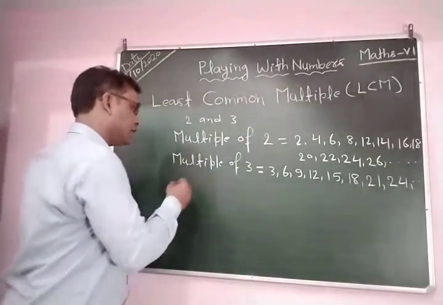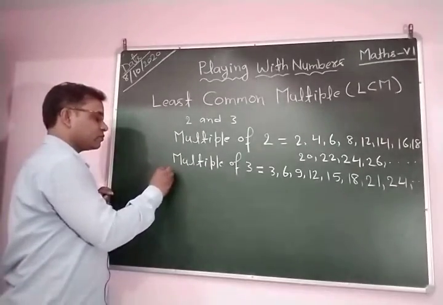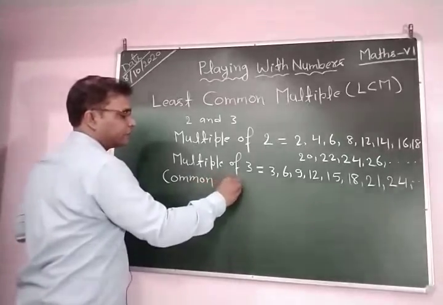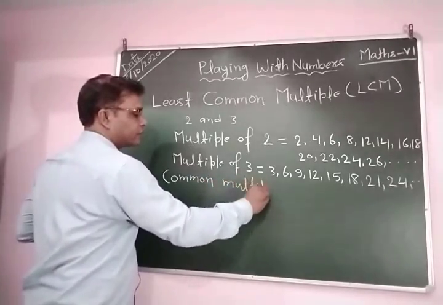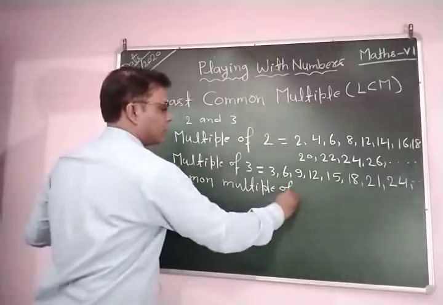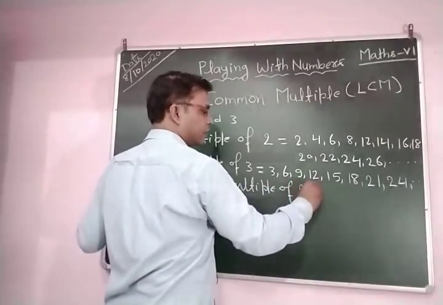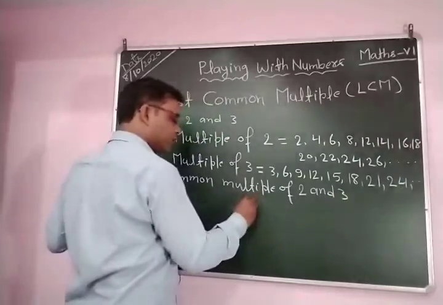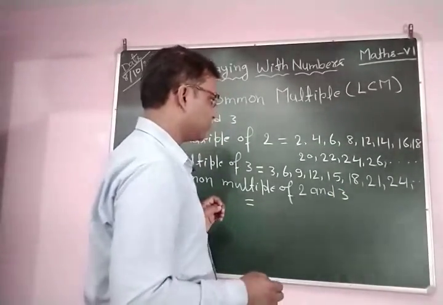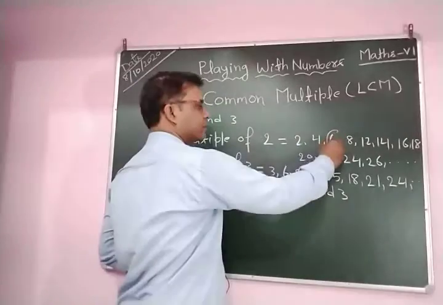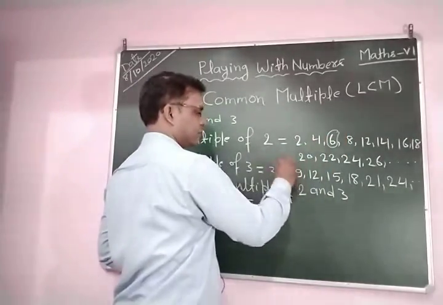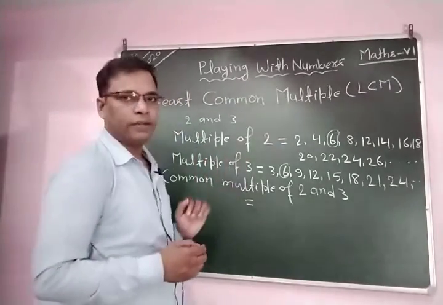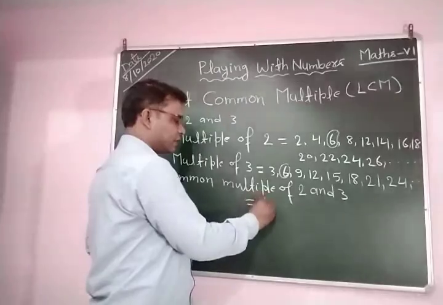So you can see here, first write common multiples of 2 and 3: you can see 6 and here 6. It is in both multiples of 2 and 3. So first write here 6.